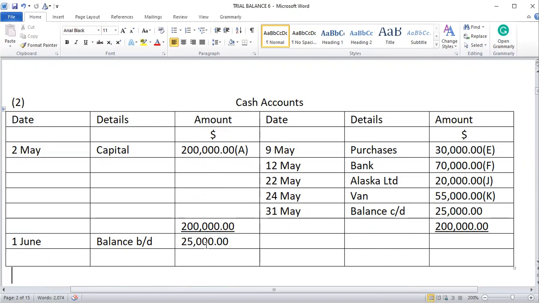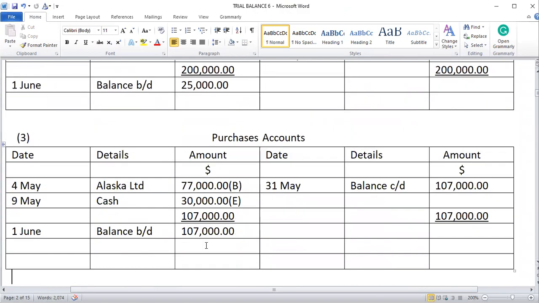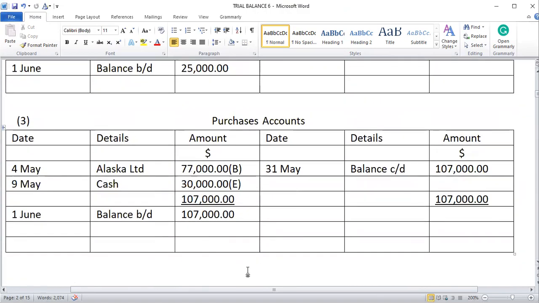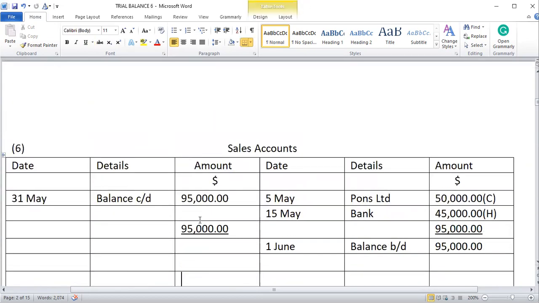The purchases account, it has been carried down on the credit side, 31st May, balance carried down $107,000. It has been brought down to the next one, which is 1st June, balance brought down $107,000 on the debit side. So we say the purchases account is a debit balance. So let us continue.